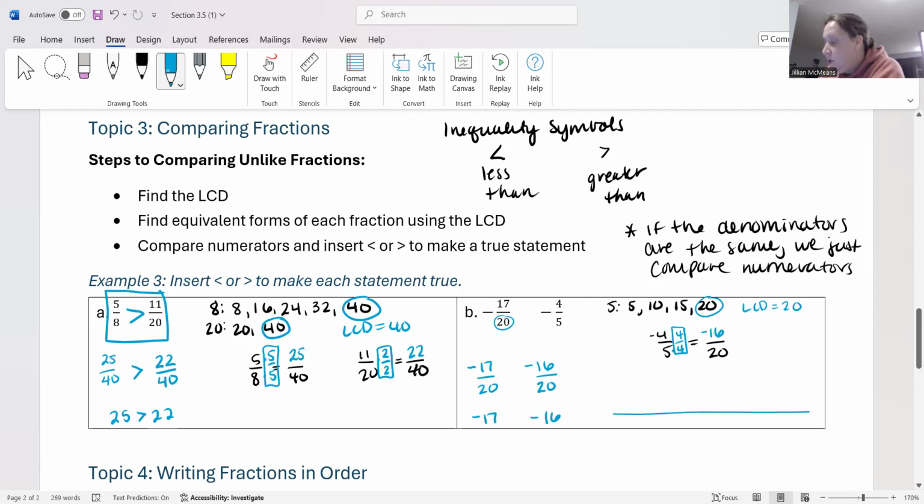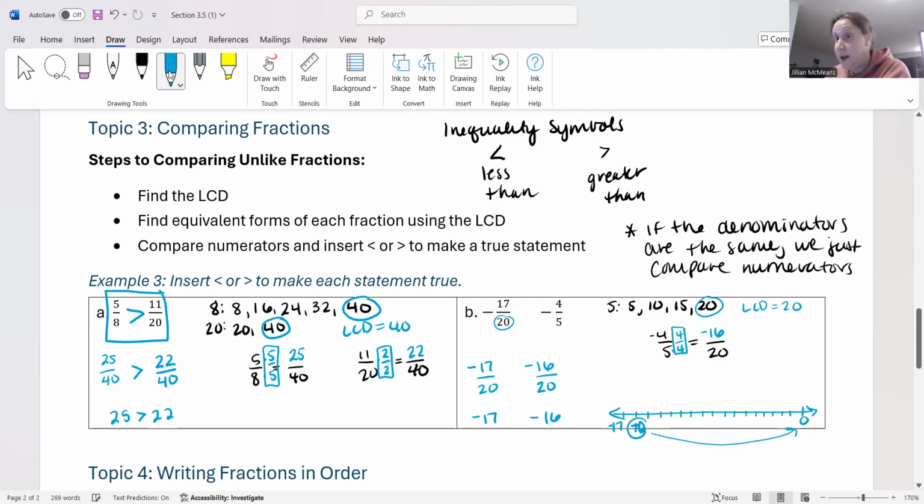Which really means we're comparing negative 17 to negative 16. And if you can envision a number line, this is negative 16 and this is negative 17. So when you're dealing with the negative side of a number line, the further away from zero, the smaller the number is. The closer to zero, the larger the number is. So negative 16 is closer to zero.